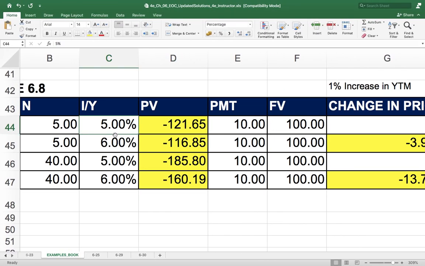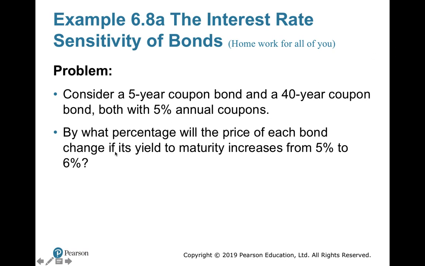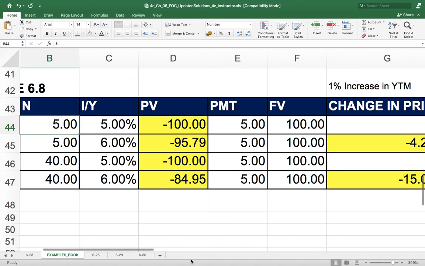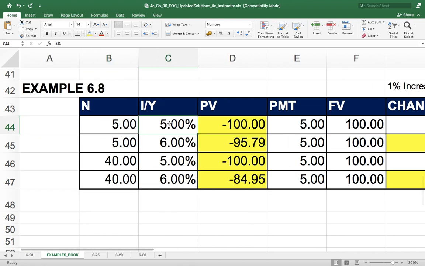Once YTM is 5% and the coupon rate is 5%, the coupon is 5% of 100, which is $5. You see, for the 5-year bond, 5% YTM, 5% coupon, the bond price is 100. When YTM increased to 6%, the bond price decreased to 95.79.